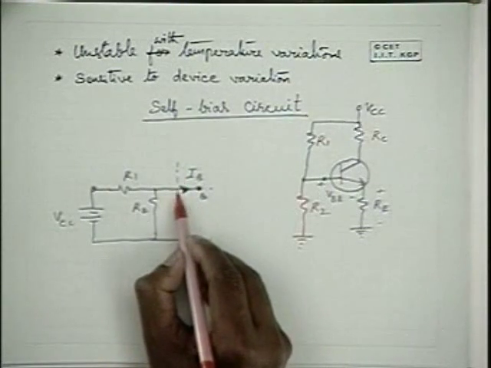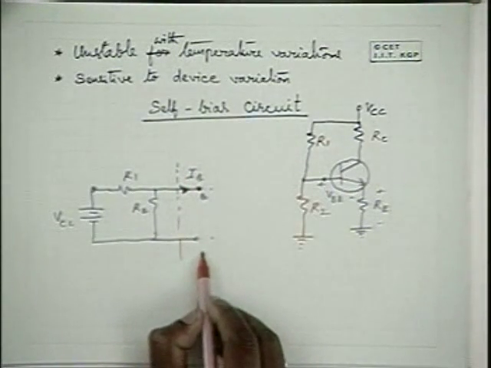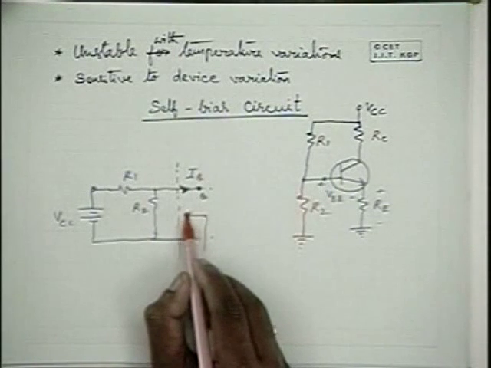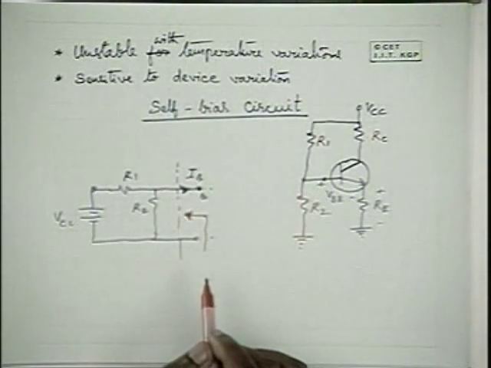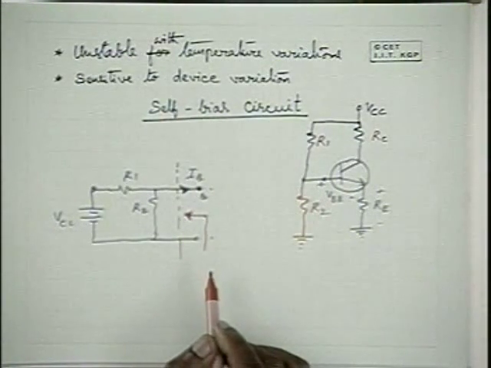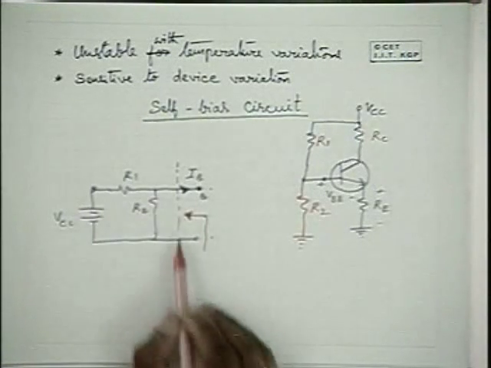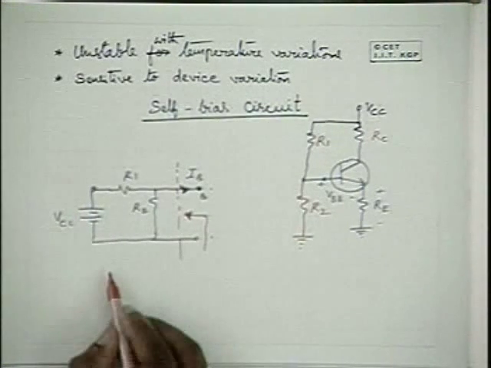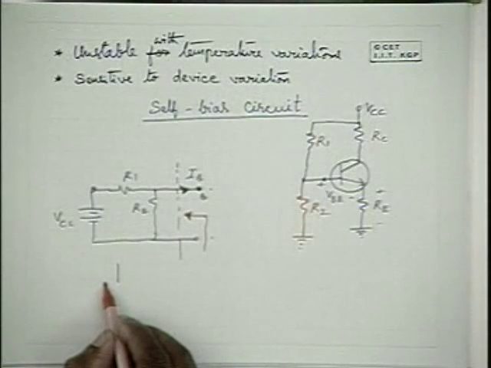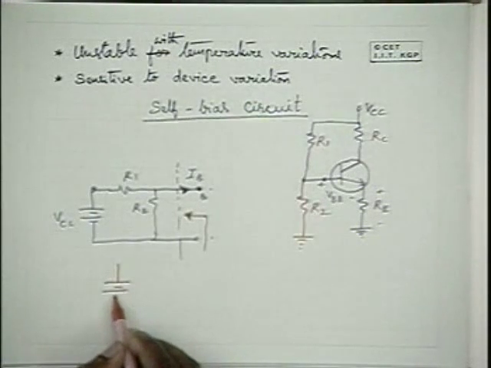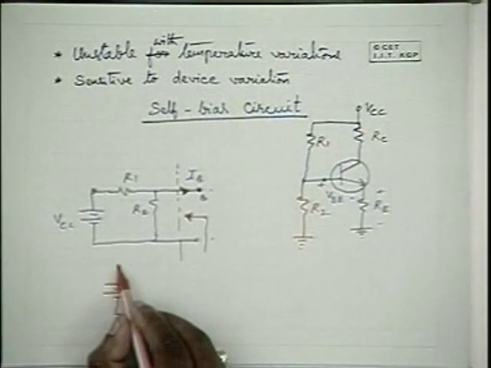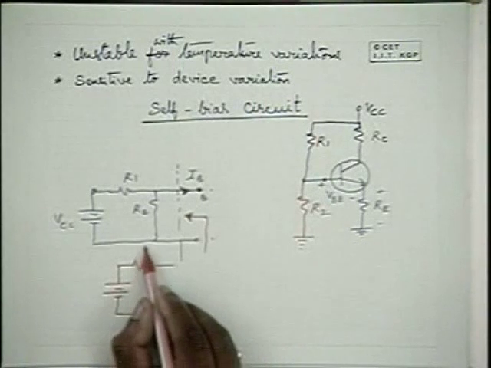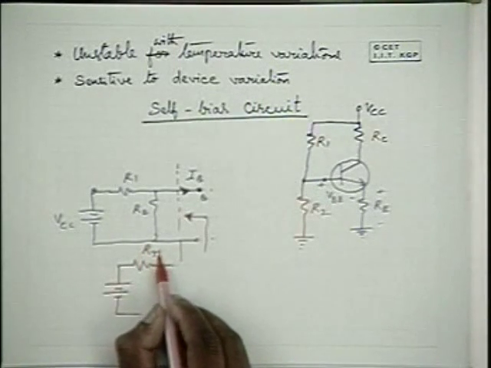We can simplify the circuit by considering its Thevenin's equivalent between these two terminals. According to Thevenin's theorem, this circuit can be replaced by a Thevenin's voltage source in series with a Thevenin's resistance.